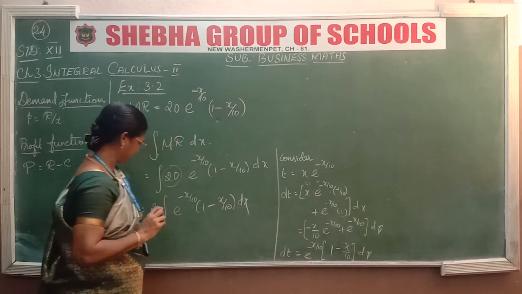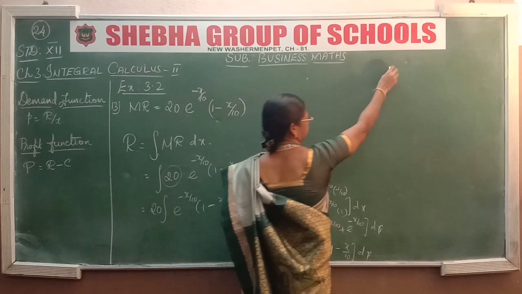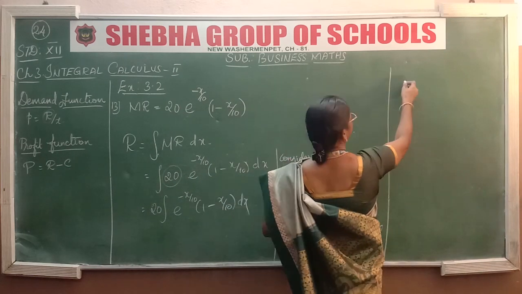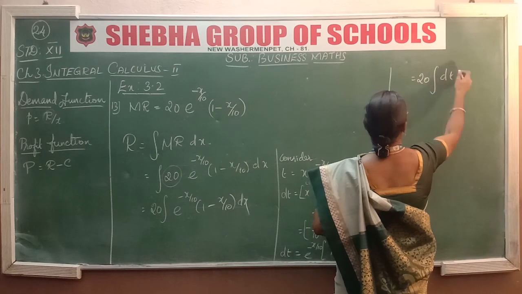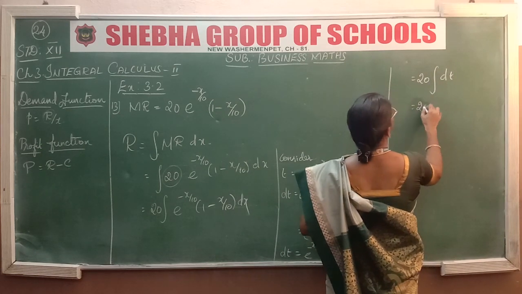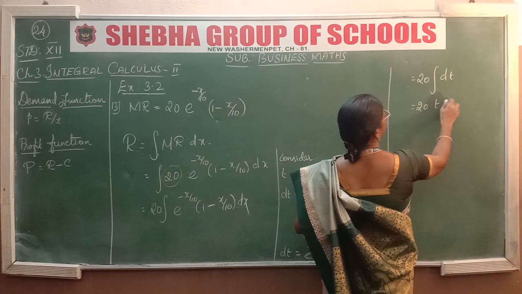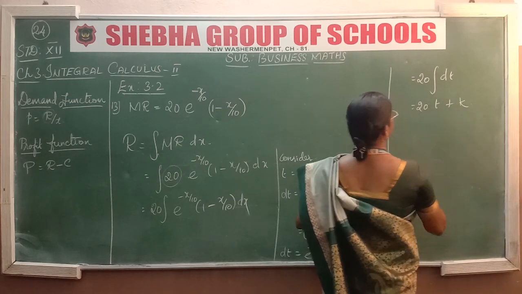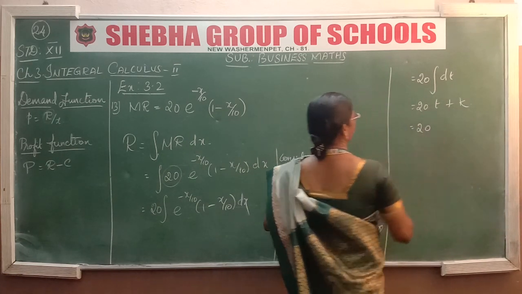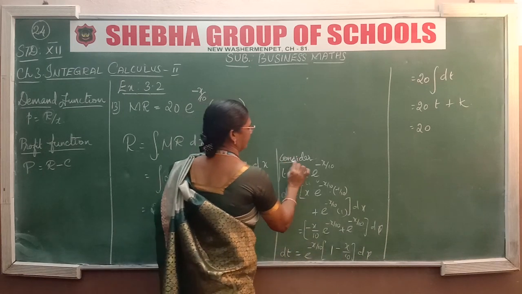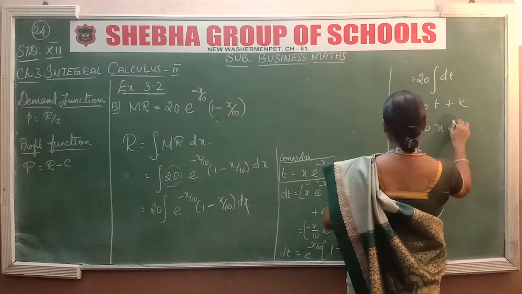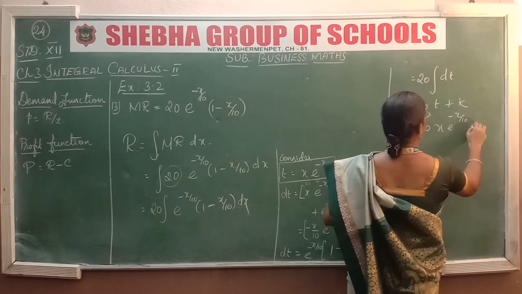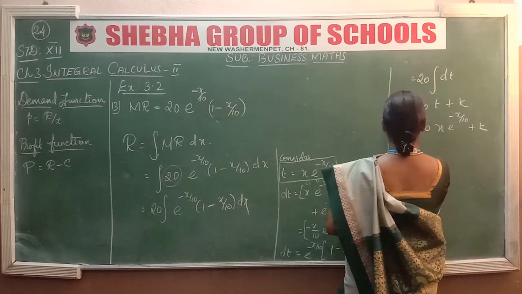Substituting this here, we get 20 into integral dt, which is 20 into t plus some constant k. Instead of t we replace x into e power minus x by 10, so we get 20 into x e power minus x by 10 plus k, and this is our R revenue function.